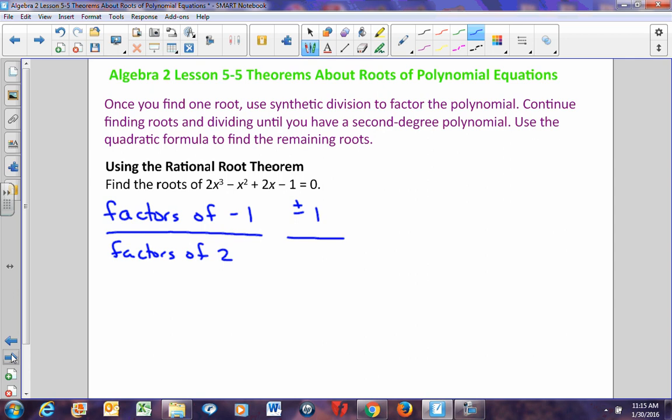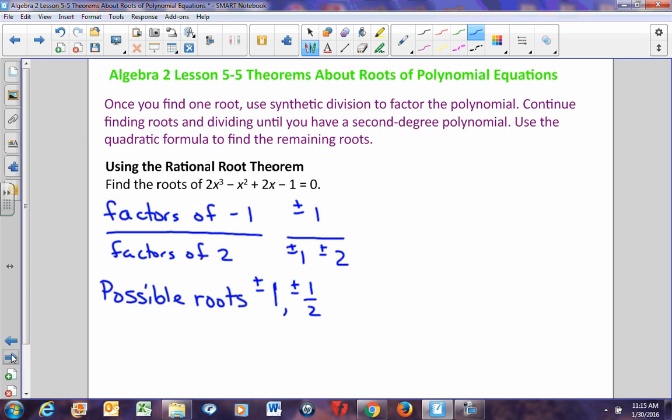Factors of 2 are plus and minus 1, plus and minus 2. Okay. So my possible roots, not my definitive roots, my possible roots are plus and minus 1, plus and minus 1 half. Okay. I have 4 possible roots.